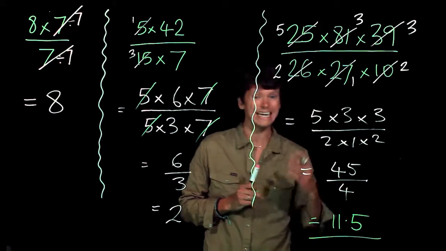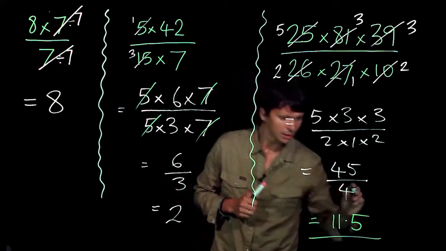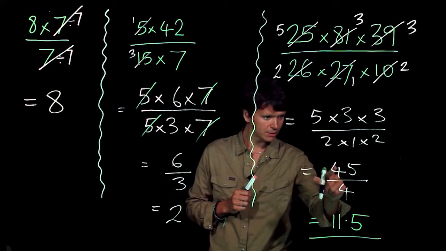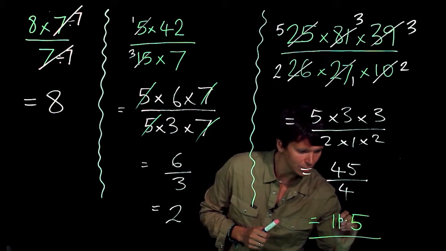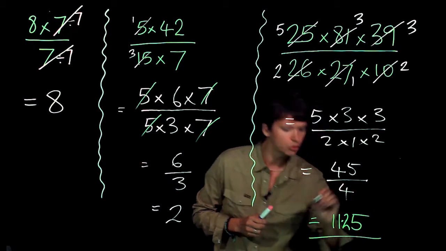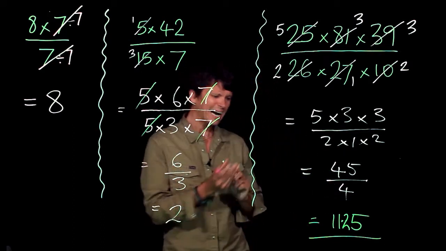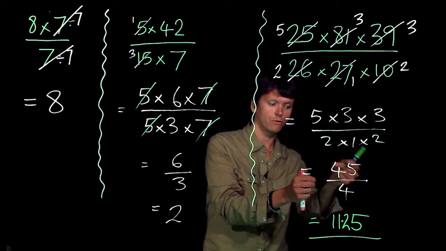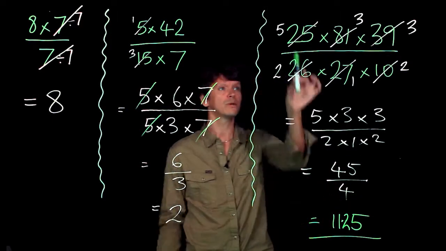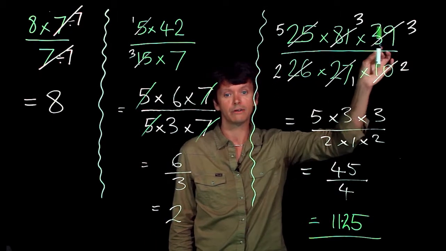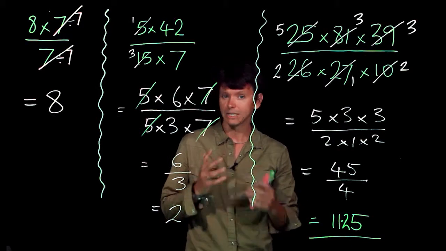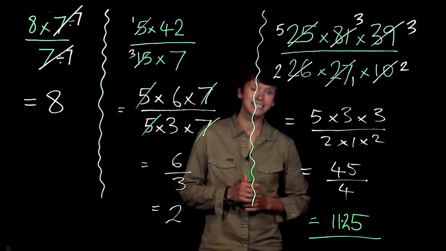Notice we don't always end up with an integer answer. And notice also that I've made a small mistake there because that is, of course, not 11.5, it's 11.25. We don't always end up with an integer answer when we're doing these, but how much more straightforward is it to work out 45 divided by 4 than it would have been to tackle the original sum we had up here in green? So that's how we cancel down and why you will see it's so useful.